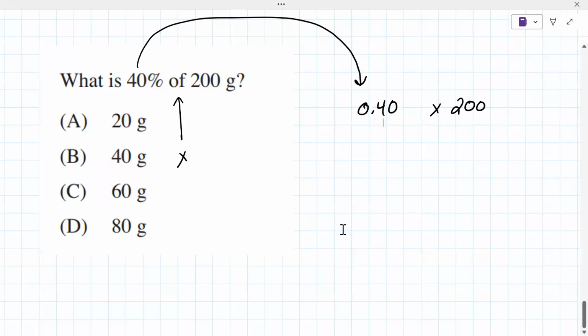Doesn't matter, but go ahead and tell me the best answer here. Eighty. It is 80 grams. Good. Okay, so here's a problem for you to try on your own.